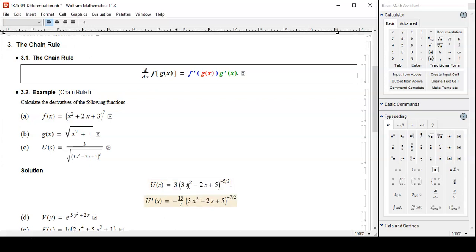Oh, by the way, there's a typo. This should be s. And then we have to multiply the derivative of the inside. 6s minus 2. That completes the problem. And of course, you can simplify this thing a little bit further, because 6 and 2, they're both even numbers. And then we have 2 down here, so you can simplify it a little bit further. But personally, I wouldn't bother. I'll stop here rather.